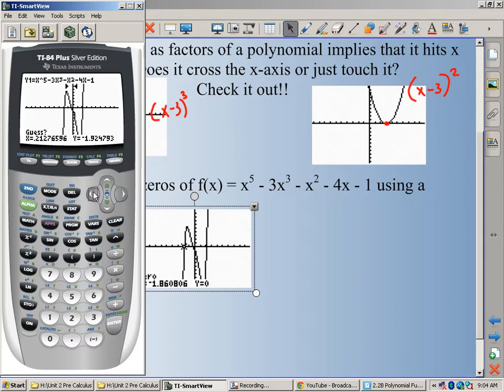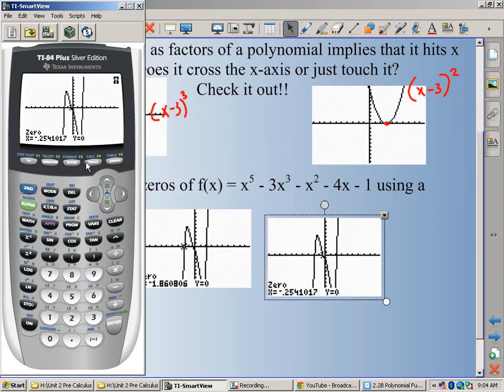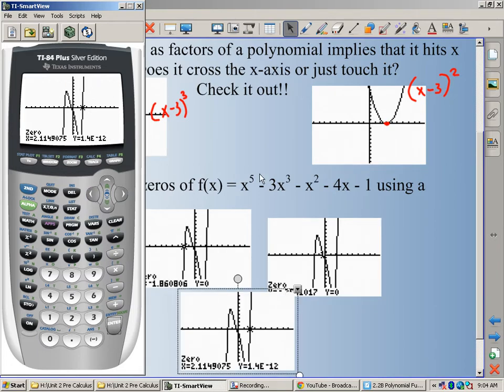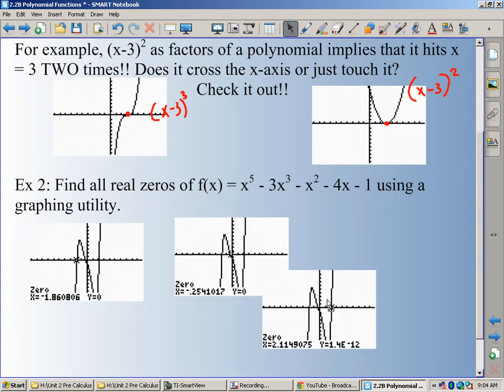So when I find this zero, here's another one. Then I go second trace, and I'm going to find my third zero. I need to be below the x-axis, then above the x-axis, and then guess as close as I can to it. So here are my 3 zeros for this function, and I could have 5, but I only have 3, probably because there are some imaginary solutions or there's a multiplicity.